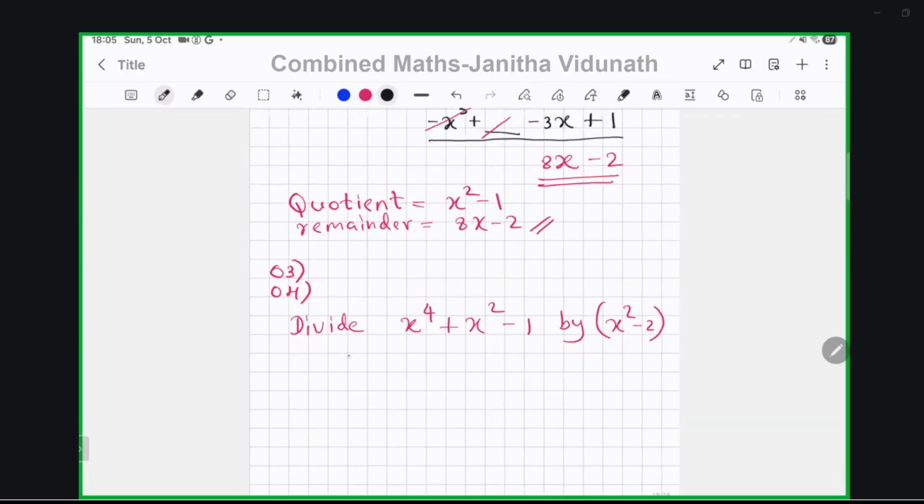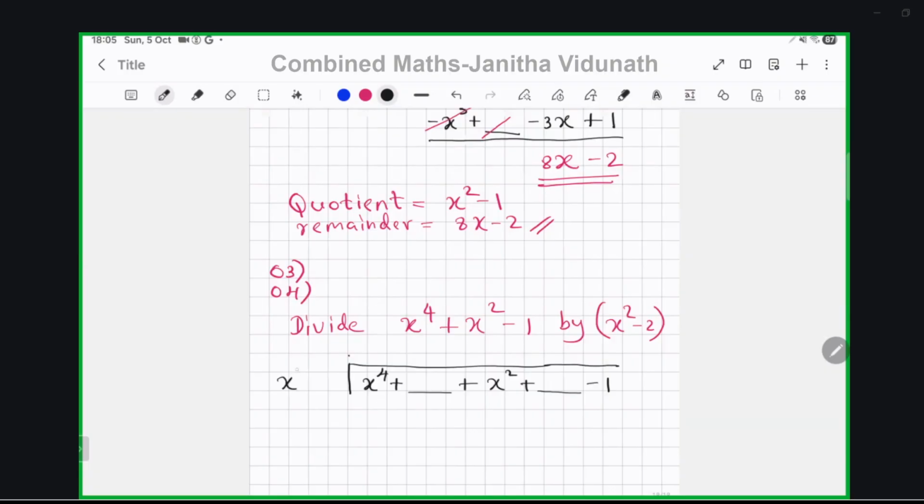Okay. Here x to the power 4, since there is no x cube term, we keep blank, plus x square, since there is no x term, we keep blank, minus 1.